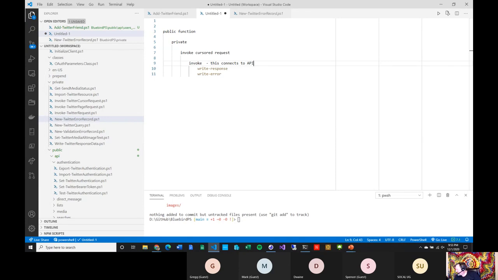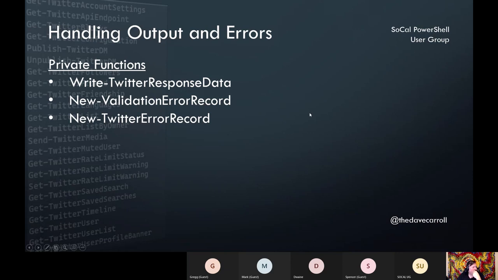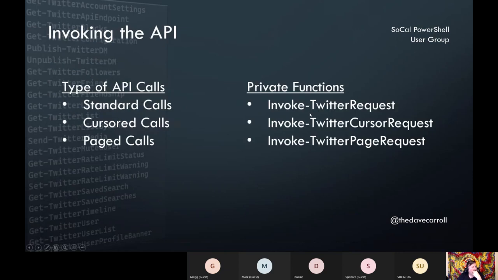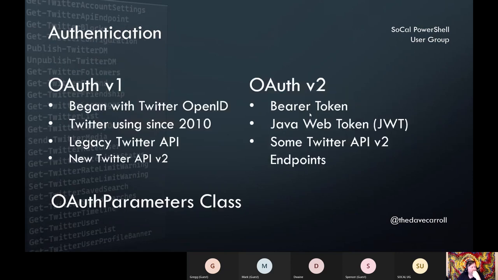Let's see what else. I think I covered most of that. Yeah, so JSON Web Token. Currently, Twitter has some API v2 endpoints available. Actually, Twitter was using OAuth v1 since 2010.